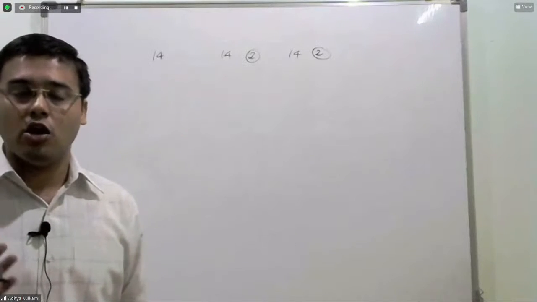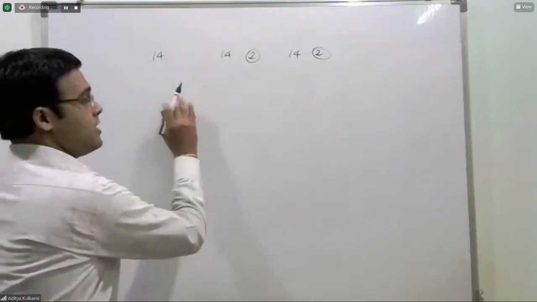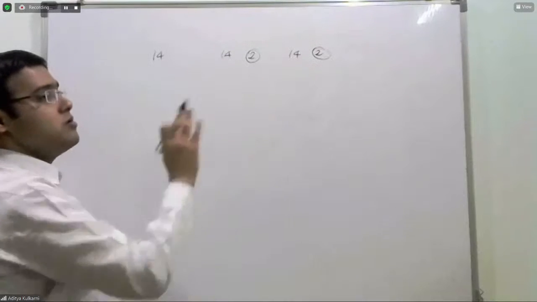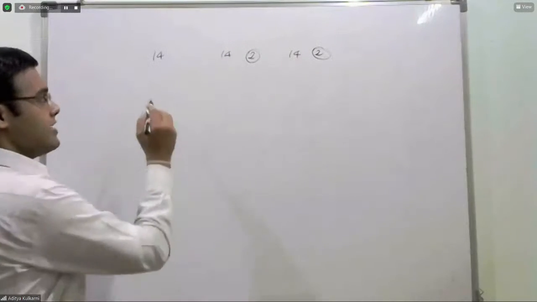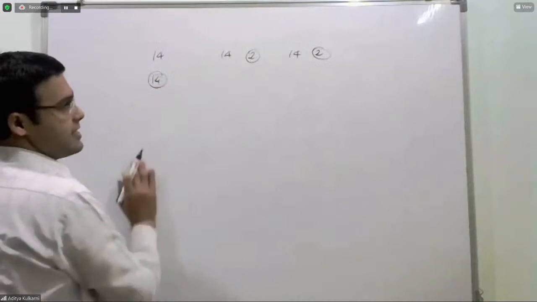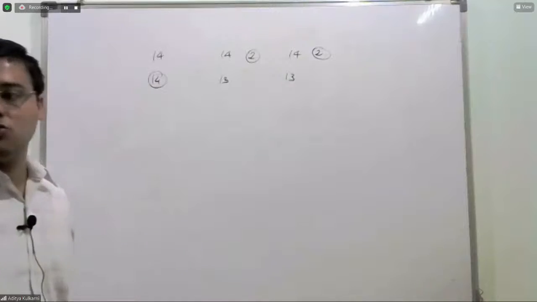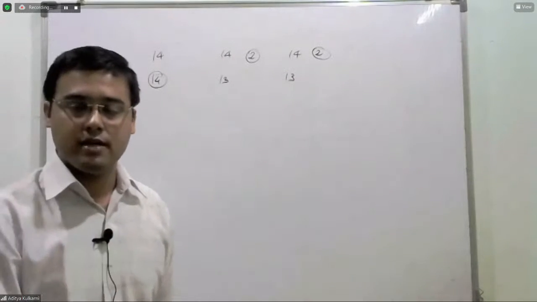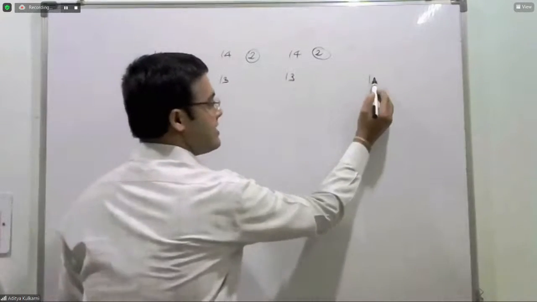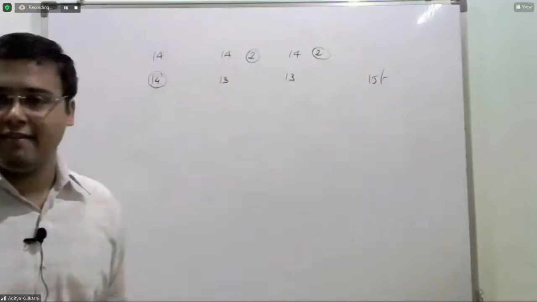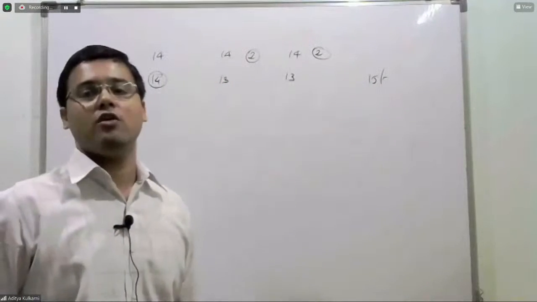See, even look at the scenario. If at all I had to change that, then you know what I would do? First year I would take it as 14, then I would take it as 13 over the next 2 years. Am I doing 14, 13, 13 such that at the end the fair value is 15? Have I done that? The answer is no, I have not done that.